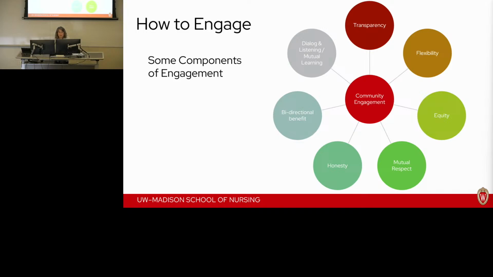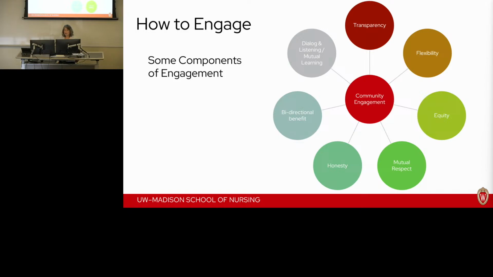So if we're working with a population that maybe doesn't have access to health care, right, or access to other resources, it doesn't necessarily have to do specifically with the research. Like if you're studying diabetes, but you know that your population might really benefit from having access to services that don't have anything to do with diabetes. Maybe it's housing. That too is part of this relationship and can be and should be part of this relationship.